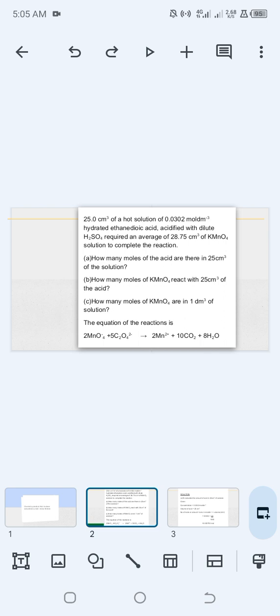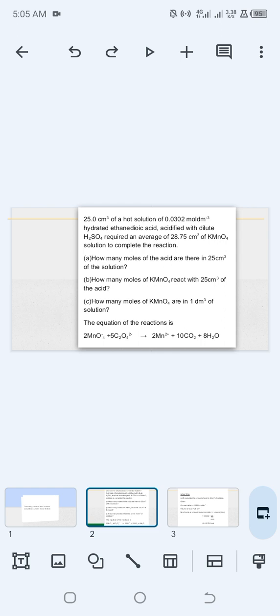In this question, we are to solve some problems. A: How many moles of the acid are there in 25 cm³ of the solution? B: How many moles of KMnO4 react with 25 cm³ of the acid? C: How many moles of KMnO4 are in 1 dm³ of solution?